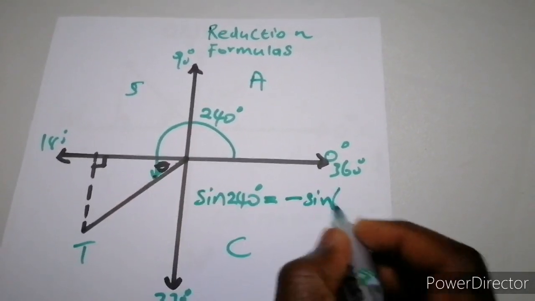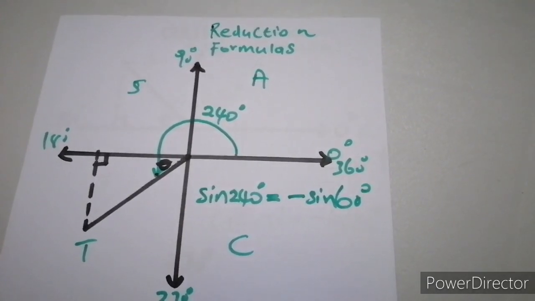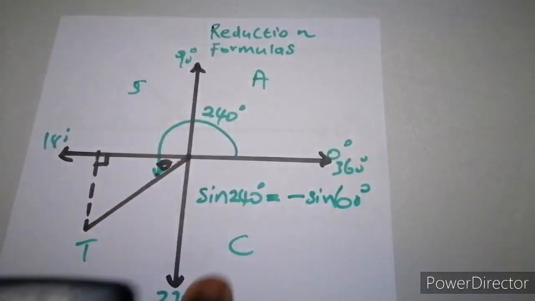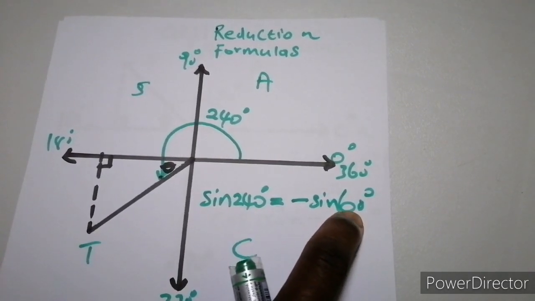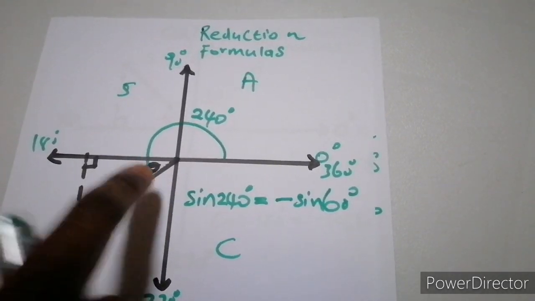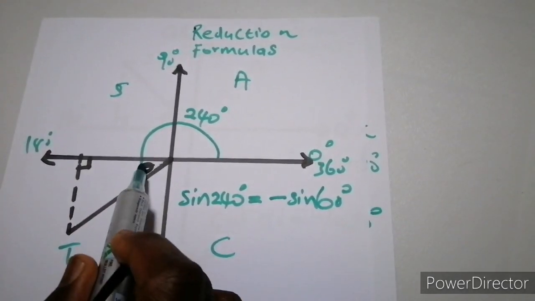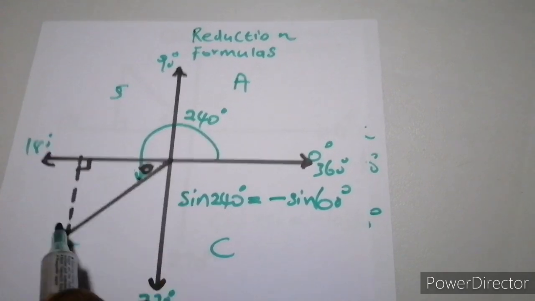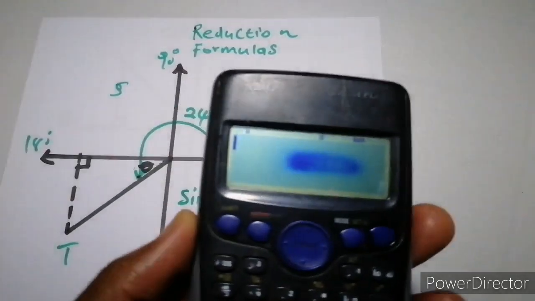acute angle 60. So when you press this on your calculator again to check, you're going to get the very same answer. We reduced 240 to what? To 60 degrees by the reference angle when we refer to this quadrant. So the reference angle is a positive acute angle in a right angle triangle referred to a quadrant. Right.